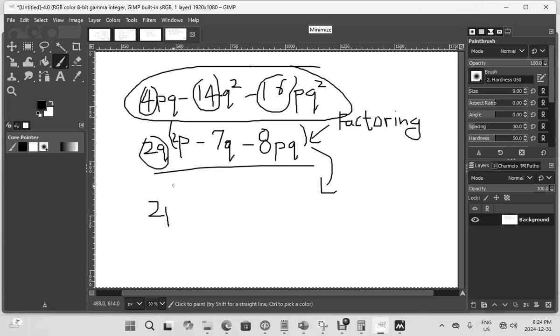So 2q into 2p gives 4pq, and we have 4pq over here as well. Minus 7 times 2 is 14q squared. Minus 8 times 2 is 16pq squared.